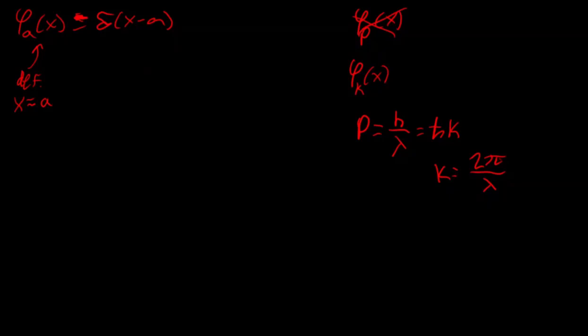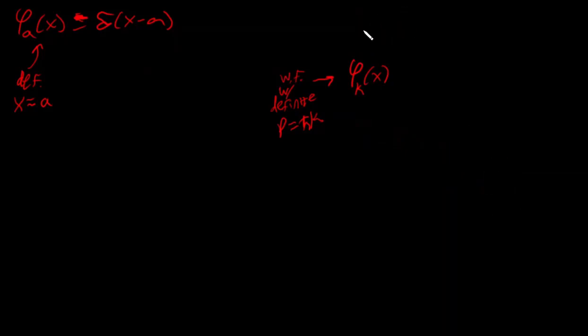But it's a wave function with a definite momentum, p equals h bar k. So I'll call it the wave function with a definite momentum, but we're going to write it in terms of k instead of p. That just makes things a little bit cleaner, and so that's what we're going to be doing.